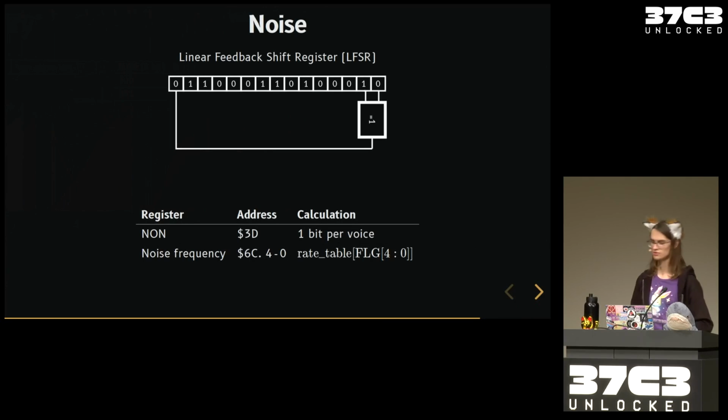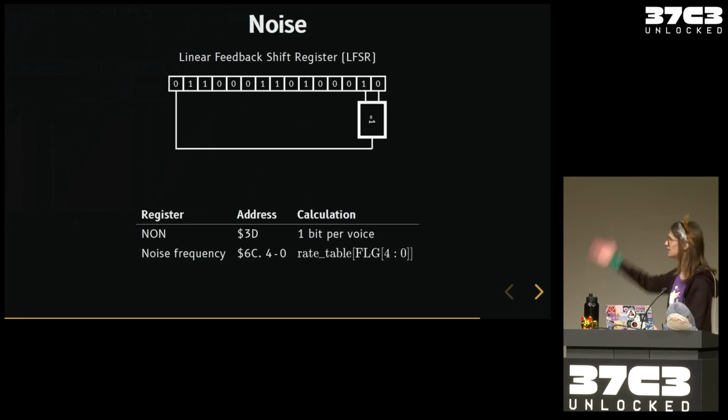So let's move on to the noise generator, global for all voices. It uses a linear feedback shift register to create a random stream of samples, the rate of which can again be controlled by one of these rate table entries. It's in the flags register in this case, kind of weird, like a global control register which also contains the mute flag.